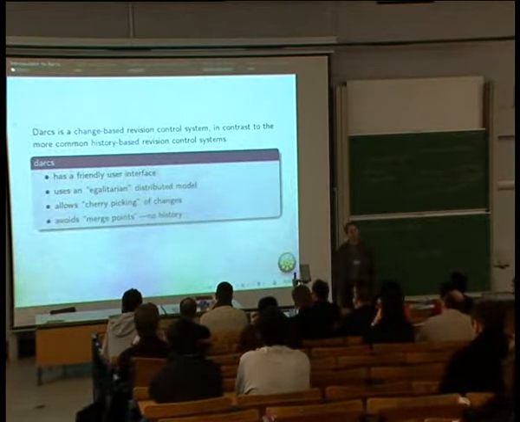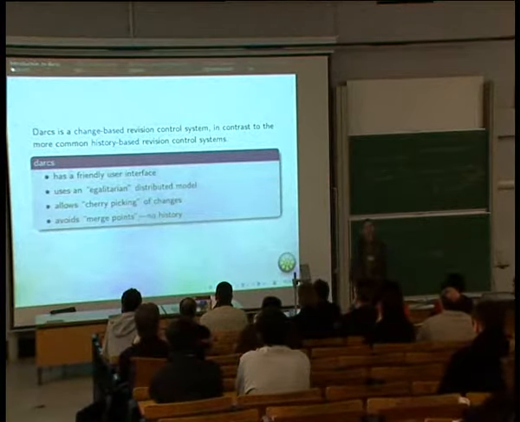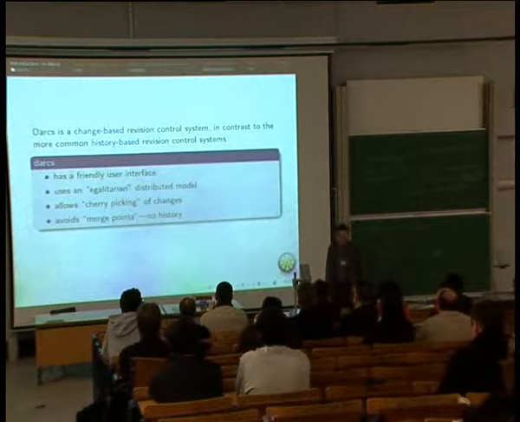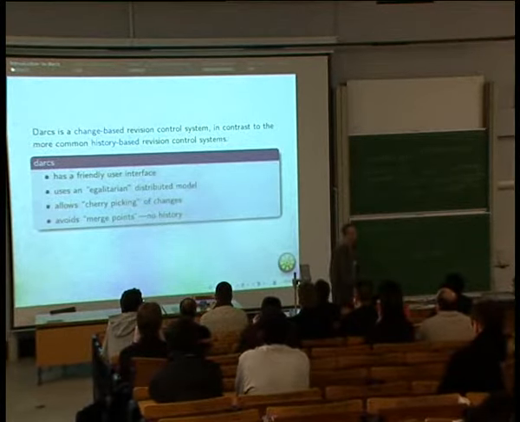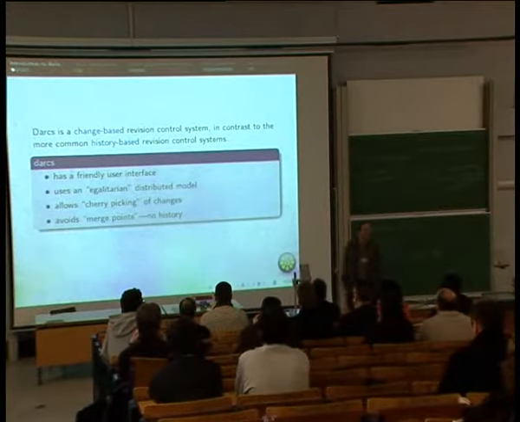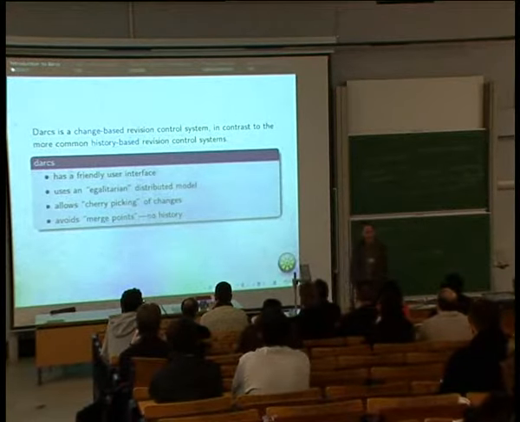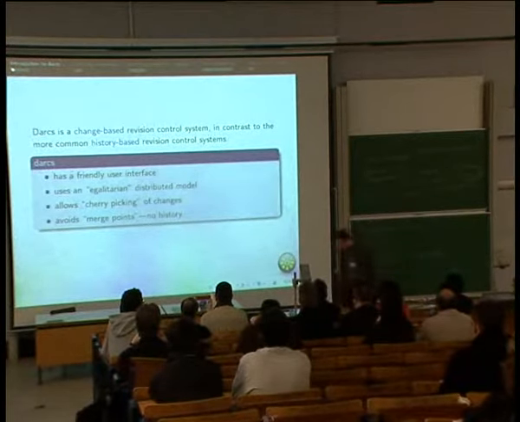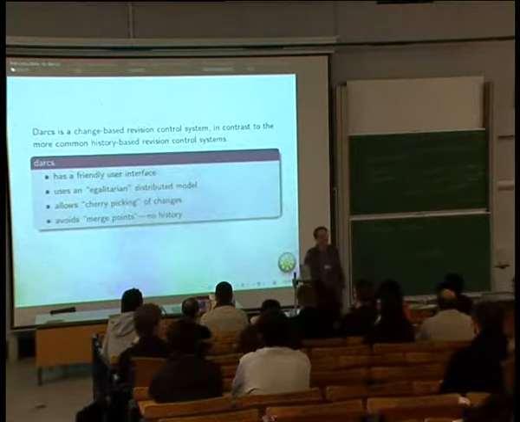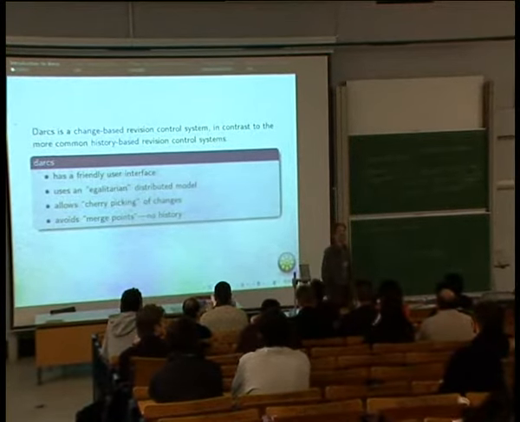So Darcs, as I said, is a change-based revision control system, which is in contrast to the more common history-based revision control systems. As far as its features, Darcs has a very friendly user interface, which is something that tends to surprise people. People oftentimes tend to hear that Darcs is based on quantum mechanics and other strange things, and get a little bit scared by it, that it's going to be really complicated.